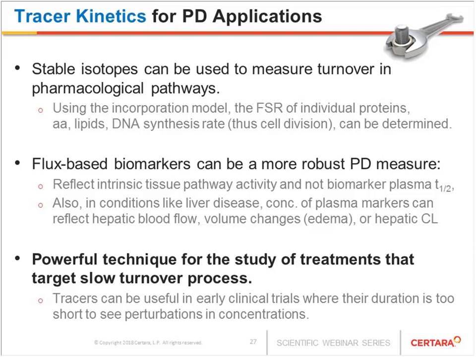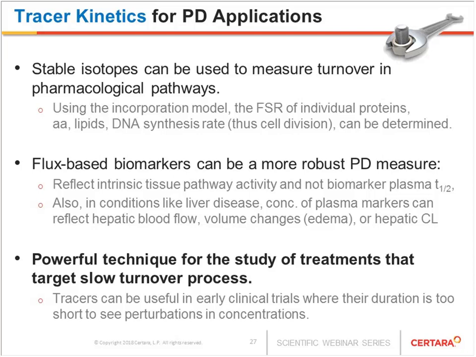That is because they allow us to understand the turnover rates of pharmacological pathways of interest. But not just that, potentially what I'm calling flux-based biomarkers, which is the tracer to trace ratio type of biomarker data, can also be more robust biomarkers as well.